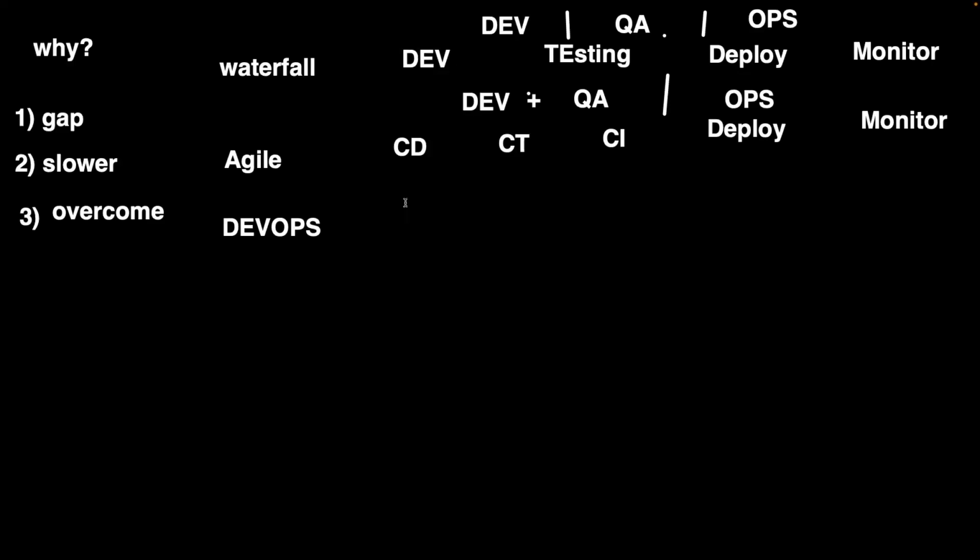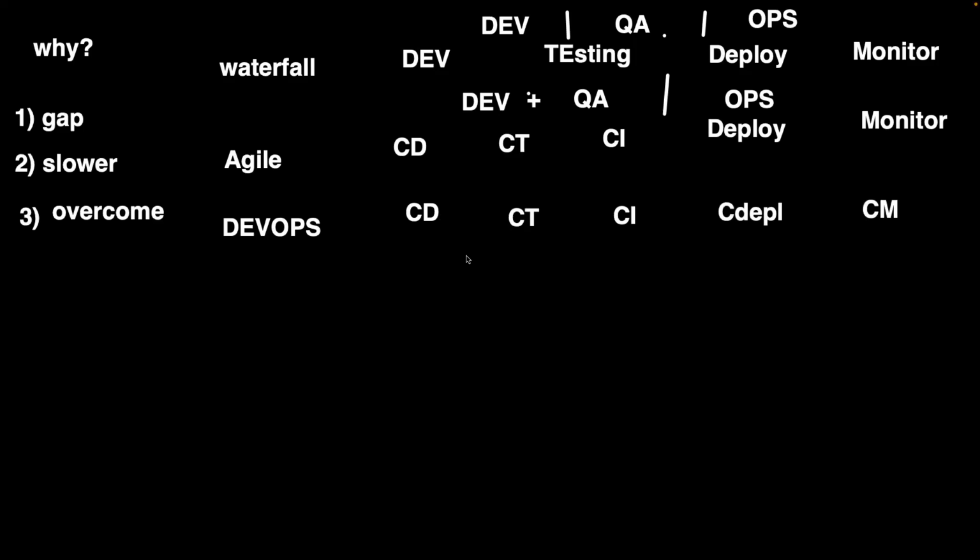So then came DevOps, where you have continuous development, continuous testing, continuous integration, continuous deployment, and continuous monitoring. The term continuous is important. Every phase is going on parallelly, iteratively.